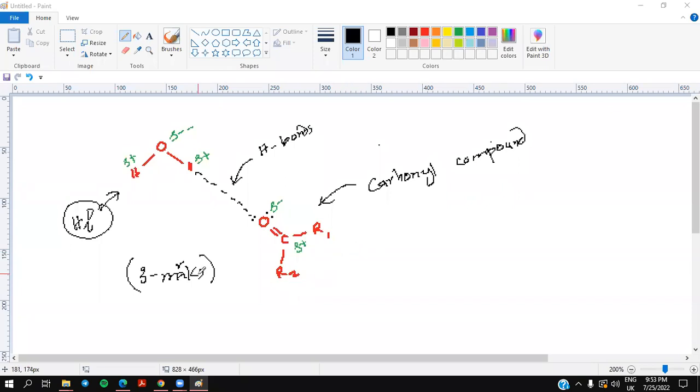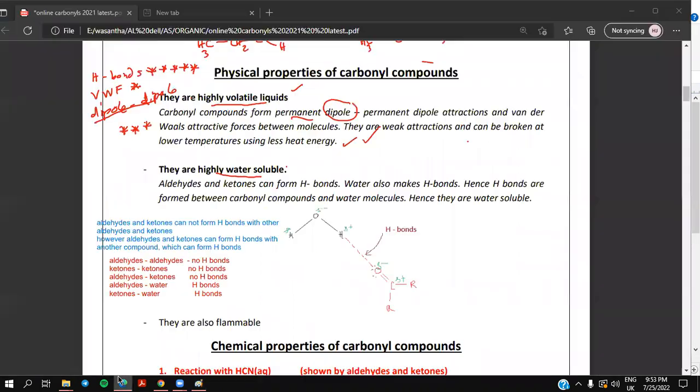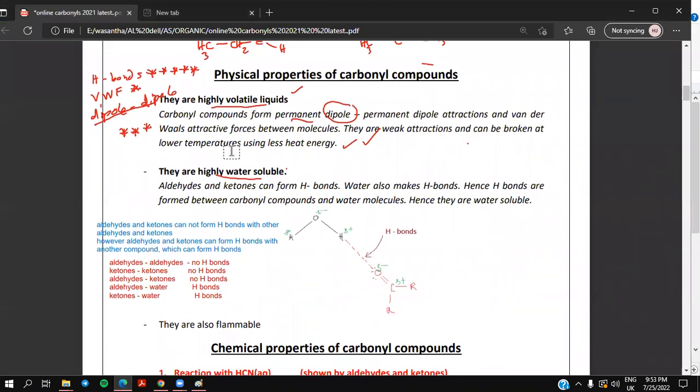I think this is how we can explain why an aldehyde or a ketone molecule is highly water soluble. It's given over here. They are highly water soluble. This will be the note: aldehydes and ketones can form hydrogen bonds. Water also makes hydrogen bonds.